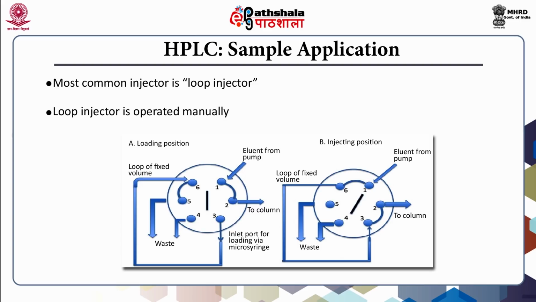So, the mobile phase is now passing through the loop to the column. That means it is taking the entire sample that we injected into the loop, and that entire sample is transported to the column. So, that is the principle of the loop injector used in HPLC.